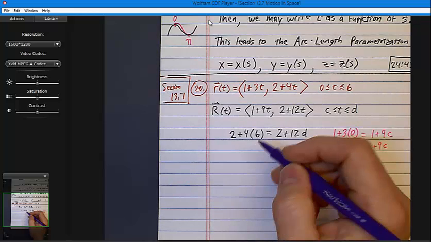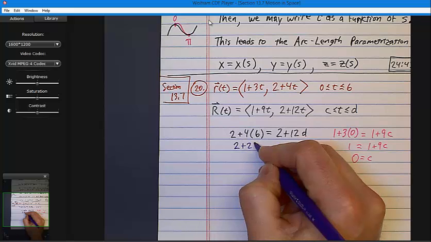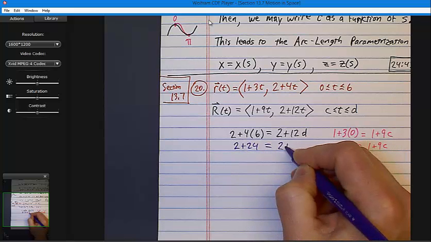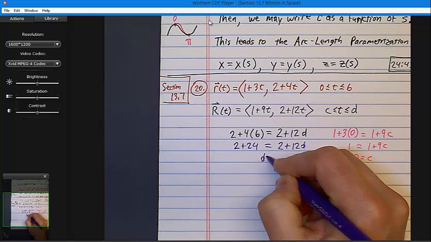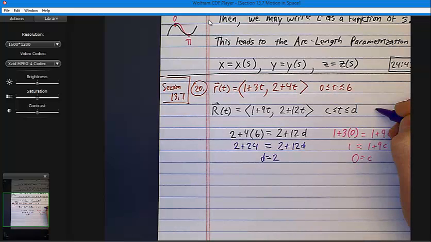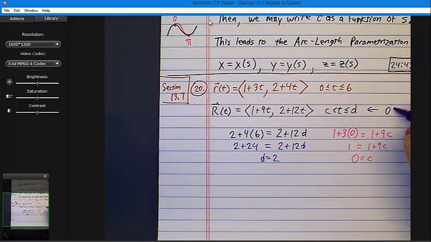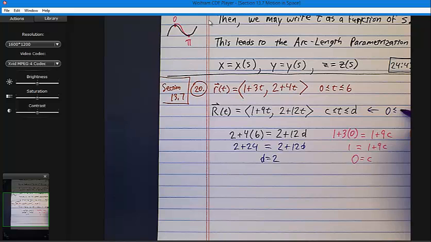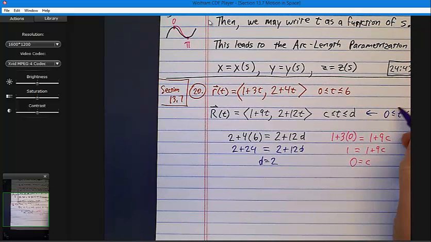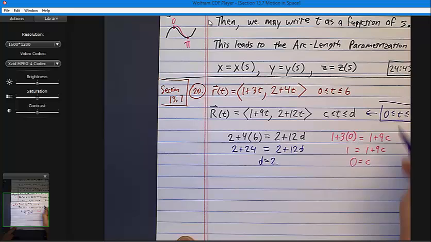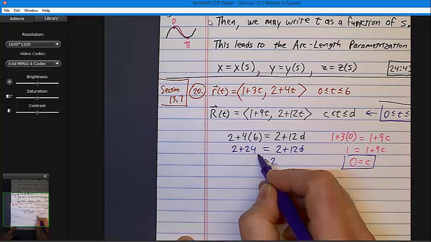So I guess we work this out and we get 2 plus 24 is equal to 2 plus 12d, so it looks to me like we want d to equal 2, right? So we're going to go for capital R between 0 and 2. Okay, so there's my answer for part A, I guess.